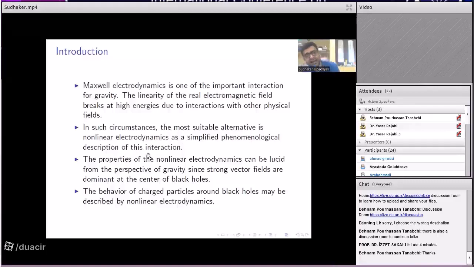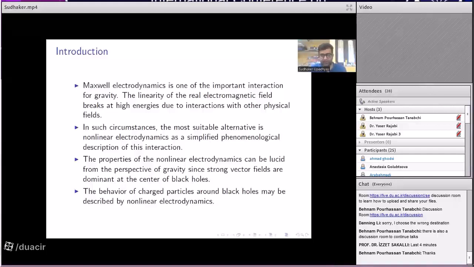And this should be such that in a certain limit, it will lead to Maxwell electrodynamics. And the properties of nonlinear electrodynamics can be understood from the perspective of gravity, since strong vector fields are dominant at the center of black holes. So it is important to consider nonlinear electrodynamics in the context of black holes.